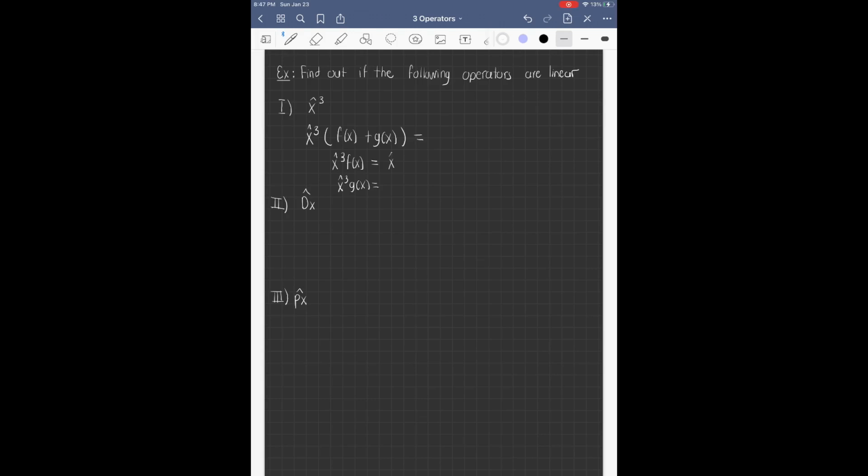This would be the same as that. Oh wait, yeah, without the operator, it's just x to the third times g of x, which would equal x to the third times that whole function.